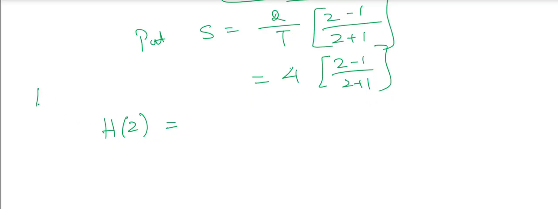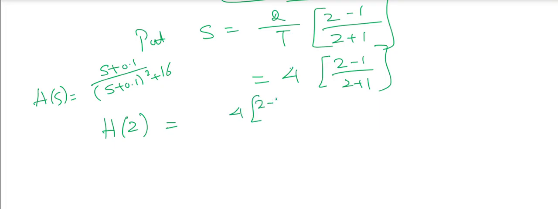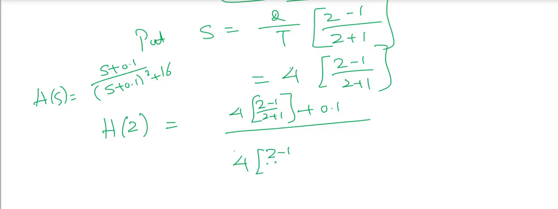H of s is s plus 0.1 divided by s plus 0.1 the whole square plus 16. So instead of s, you substitute 4 into z minus 1 by z plus 1, giving 4 into z minus 1 divided by z plus 1 plus 0.1, divided by 4 into z minus 1 divided by z plus 1 plus 0.1 the whole square plus 16.